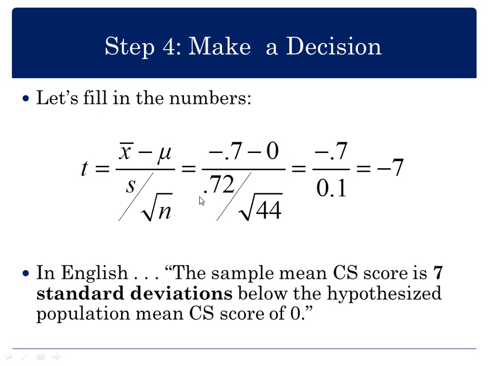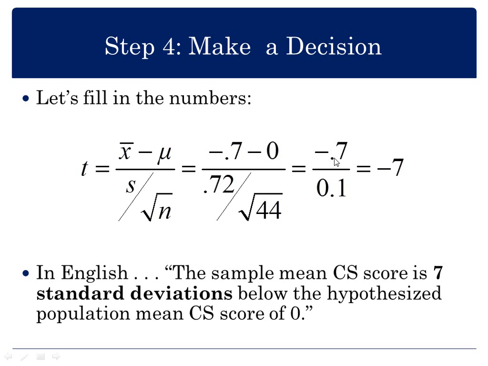The standard deviation of my scores in my sample of 44 was 0.72, and I'm dividing by the square root of the sample size, which was 44. So my t, when I do the math, is -7. Before I standardized that difference, I had a difference of -0.7. After I standardize it, I have a difference of -7.